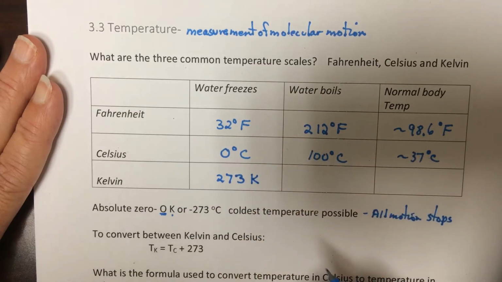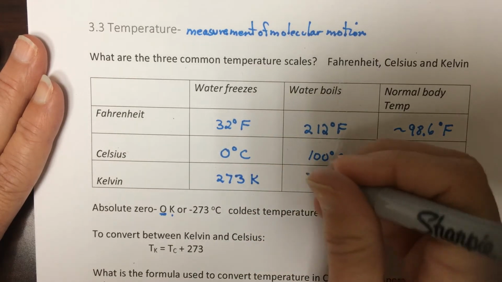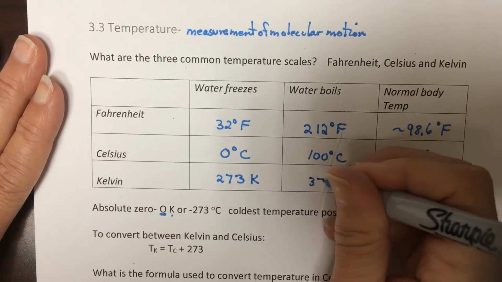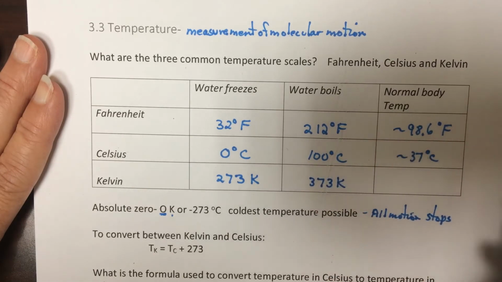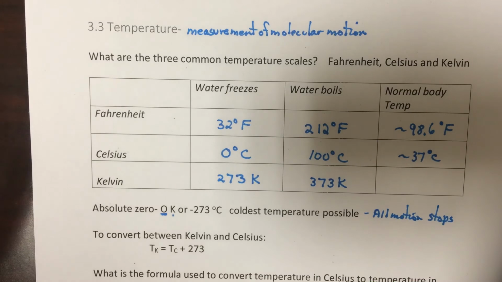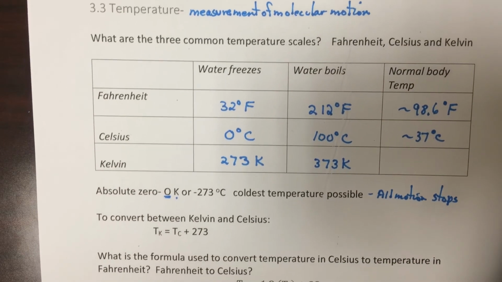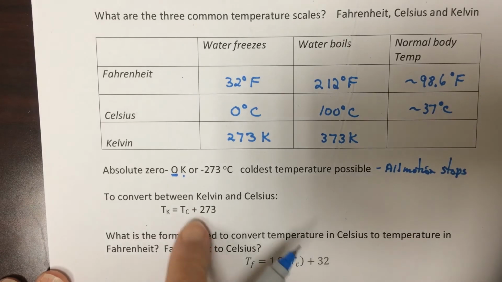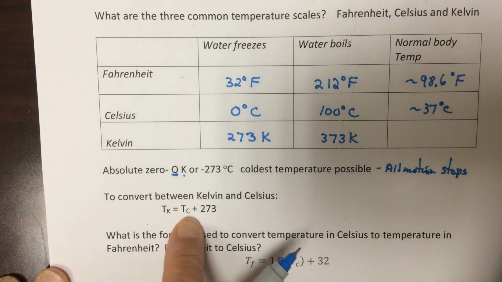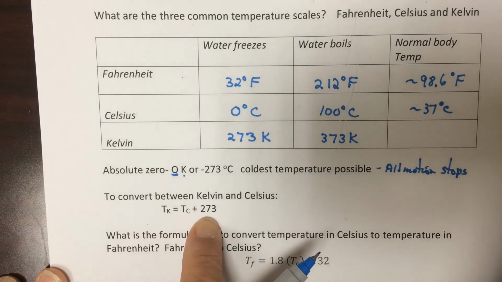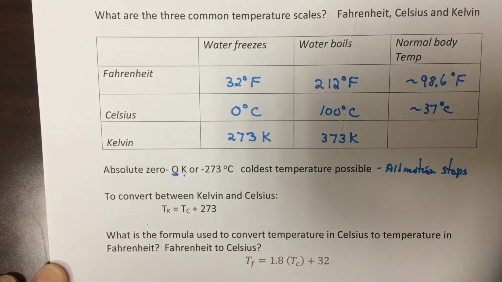There's no degree. Water boils at 373 Kelvin. To convert between Celsius and Kelvin is pretty simple. You just take the Celsius temperature and add 273. And we'll be doing this a lot when we get into gas laws.